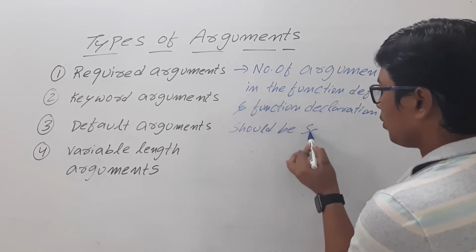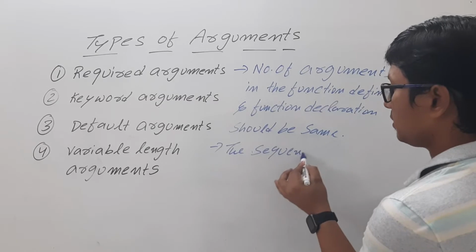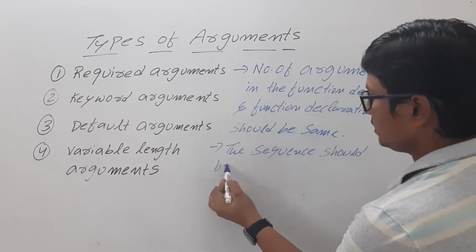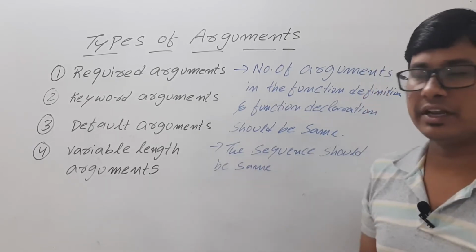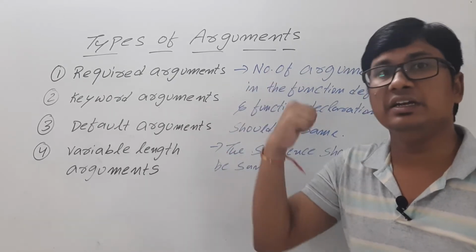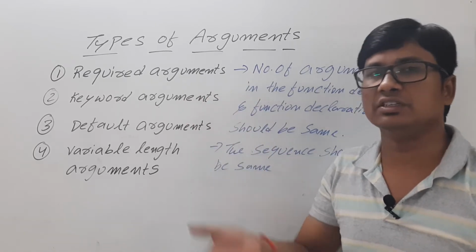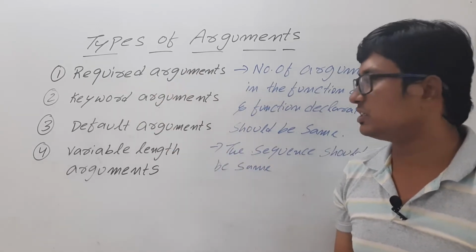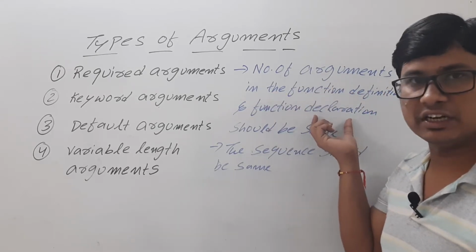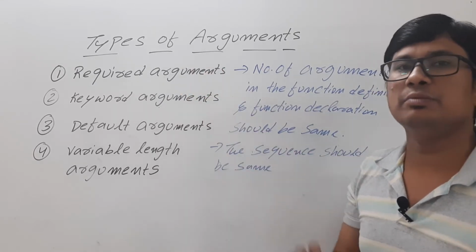And one more important point is that the sequence also should be same. Is it clear? In Python, we have function definition and function calling. Whatever statements you want to execute whenever you call a function, you will write inside the function definition. So the number of arguments or parameters in the function definition and function calling should be same, and the order also should be same. Now, let me discuss with a simple example for better understanding.